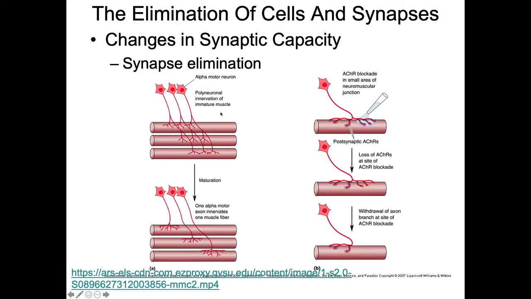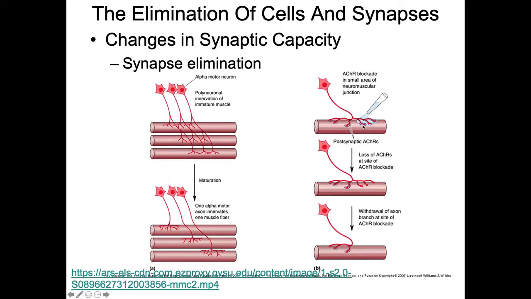They've done some really cool experiments back in the day looking at what happens if you block activity out of these cells. If you block the acetylcholine receptors in a small area of the neuromuscular junction, you end up getting remodeling. So even though these things are set up in adulthood, it's not set in stone.